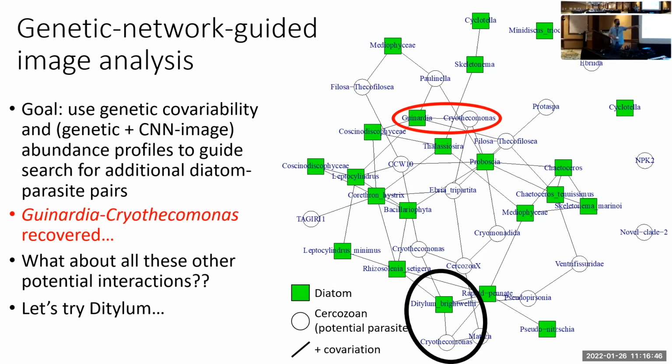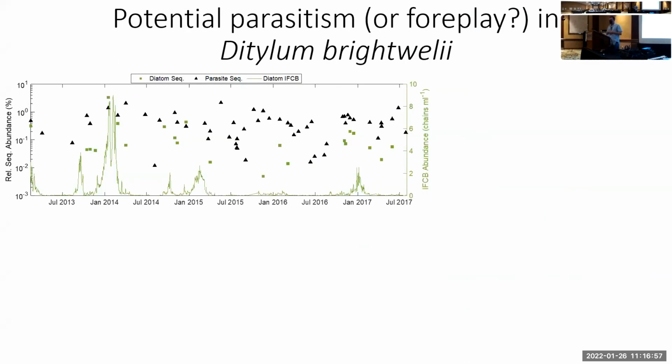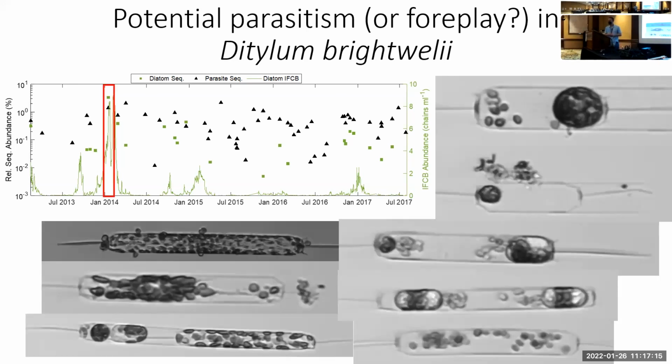We'll try to look for some interactions between this Didelum brightwelli diatom and a genetically distinct species of Cryothecomonas. We'll use our DNA sequence abundance profiles of both hosts and parasites, which are shown with the dots here, alongside our IFCB classifier estimates of the host abundance to find events where we can zoom in and look for signs of parasitism.